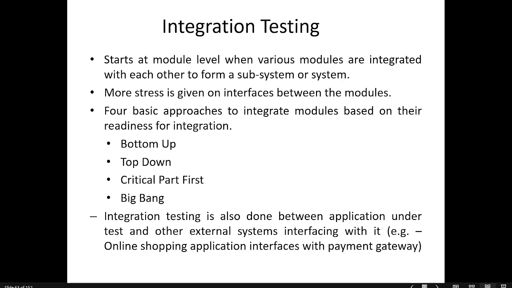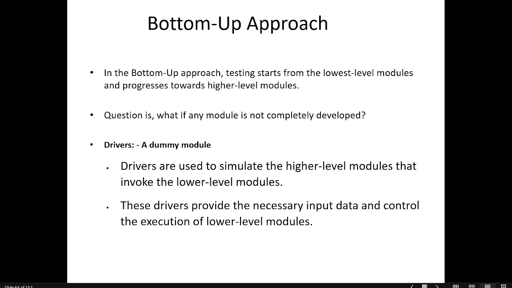The interesting part to learn here is about these particular approaches: bottom up, top down, critical part, big bang. What exactly are they? Let's understand. Bottom up approach: in the bottom up approach, testing starts from the lowest level of modules and progresses towards higher level modules.